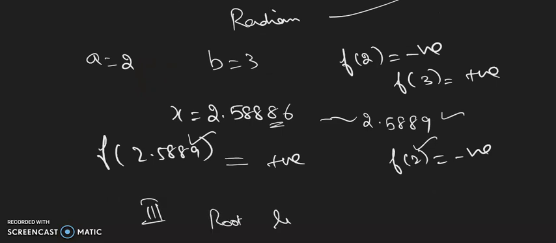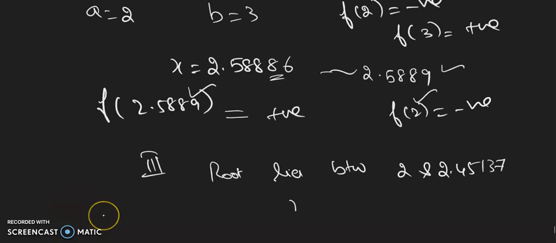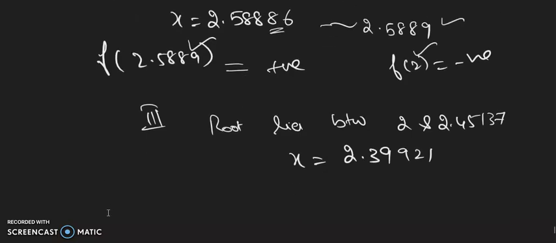You can solve it on your own, just check the answers. So it's coming even closer. So your final answer for x in this iteration is 2.39921.